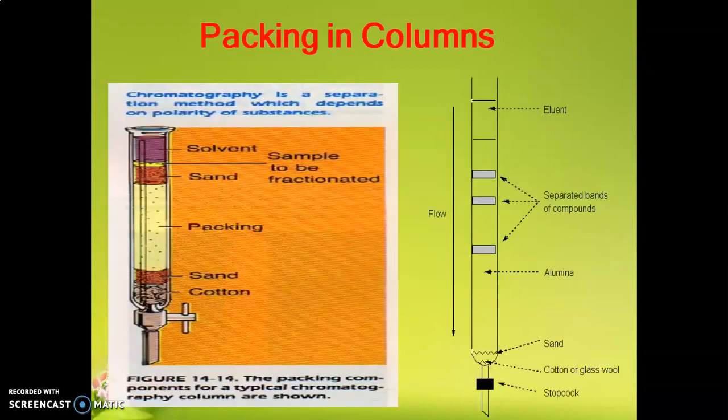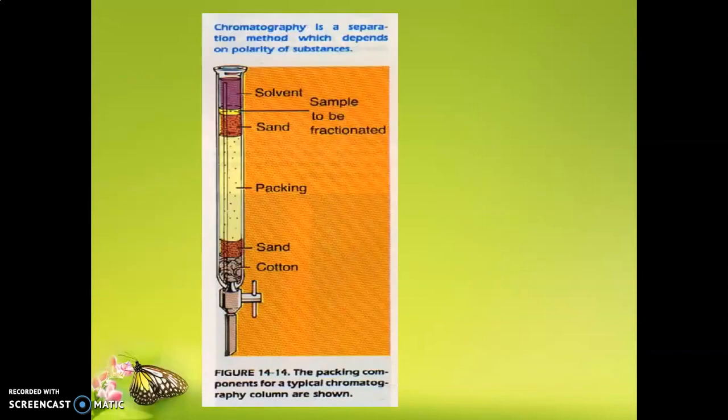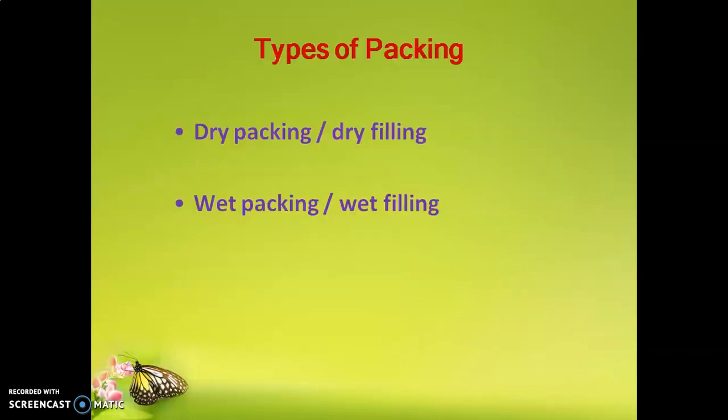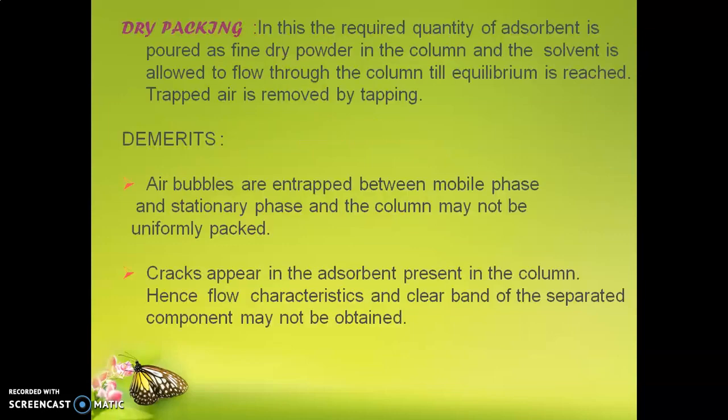Then how to pack the column? Packing of the column is of two types: dry packing, also called dry filling, and wet packing, also called wet filling. Starting with dry packing, the required quantity of adsorbent is poured as a fine dry powder into the column, and the solvent is allowed to flow through the column till equilibrium is reached.